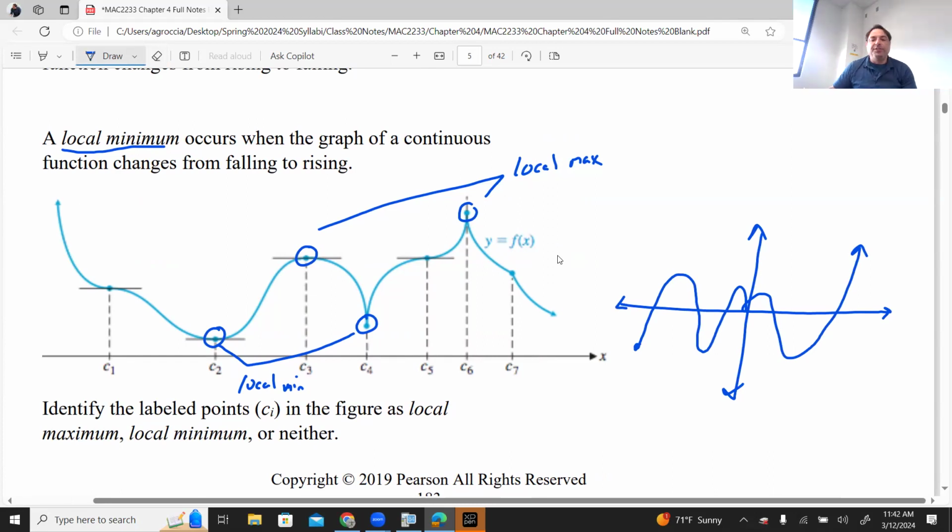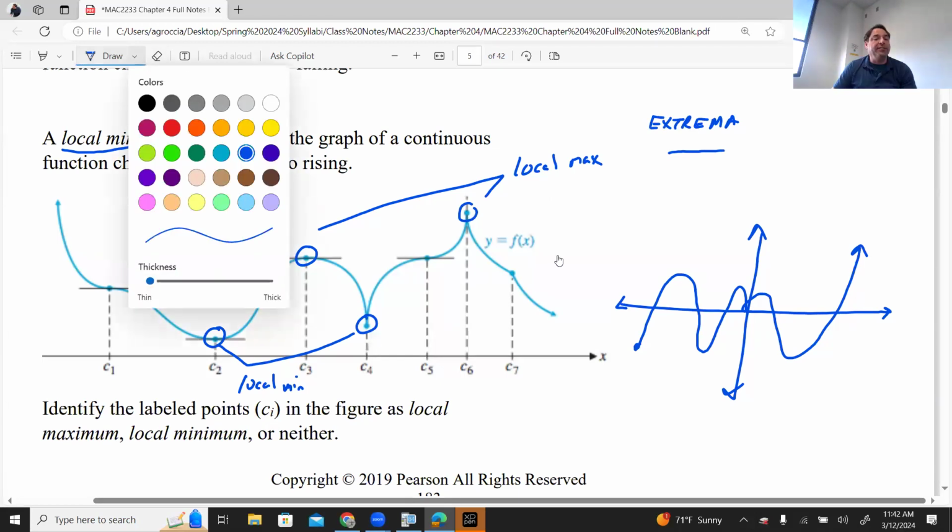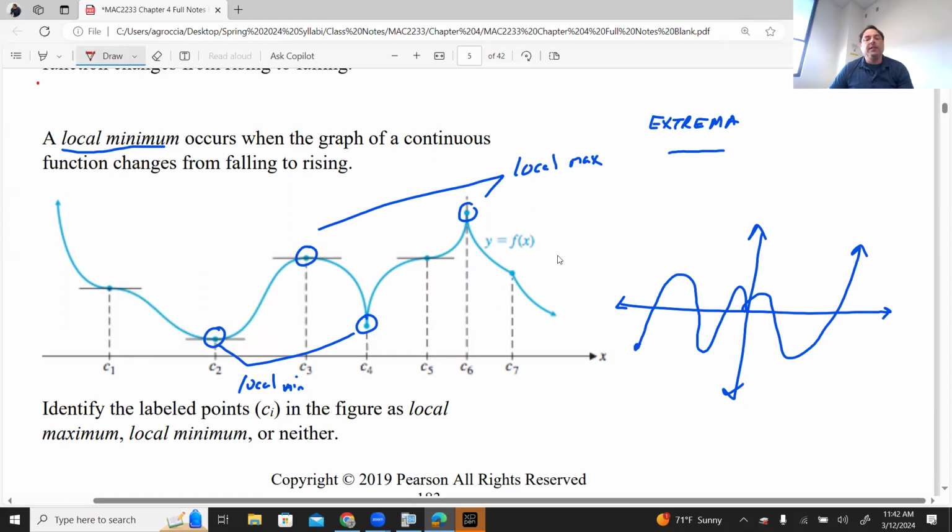I want you to look at this graph and answer how many extrema are in this graph. Take a minute. Don't say anything yet. Start counting in your head. How many extrema, we just learned what the topic was, do you think there are? Just take a guess.